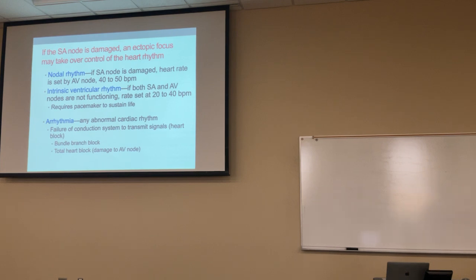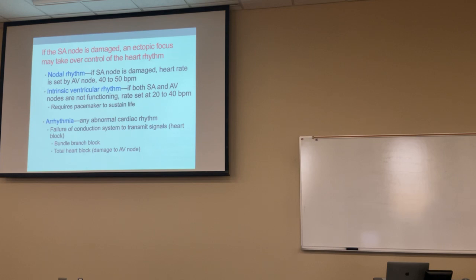That's very, very slow, anywhere from 20 to 40 beats per minute, and that's really too slow to meet the demands of a person's body. So a person that has an intrinsic ventricular rhythm really needs a pacemaker to increase the heart rate so that their body's going to get enough oxygen.